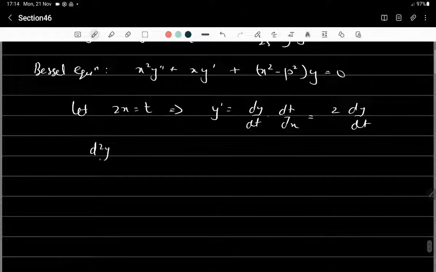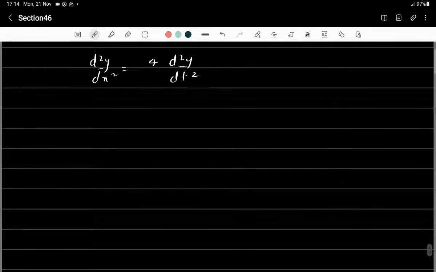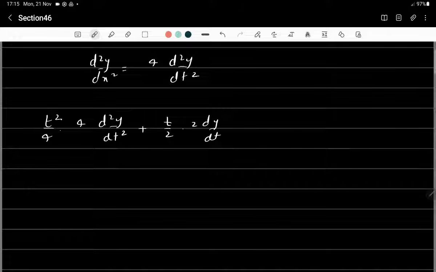And that means that y'', this we did many times, is 4 d^2y/dt^2. Now the rest is simple, you just substitute all the values into the equation. So x^2 is t^2/4, then you have 4 d^2y/dt^2 plus t/2 and 2 dy/dt.